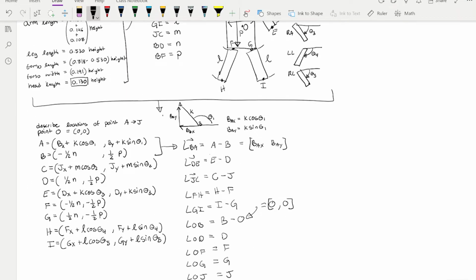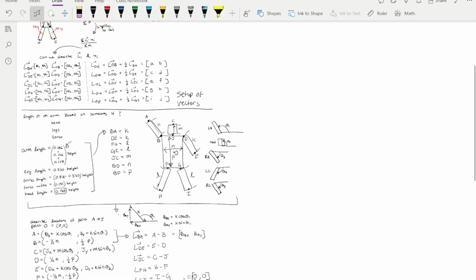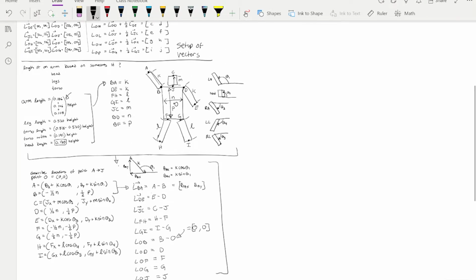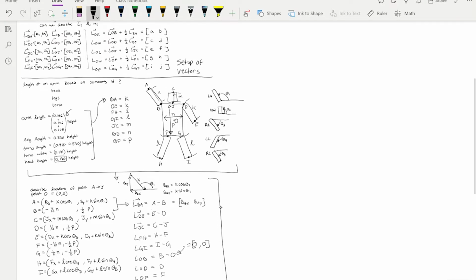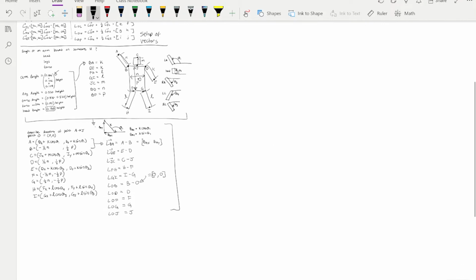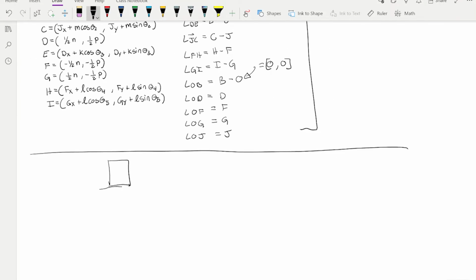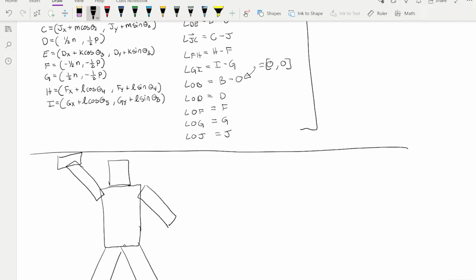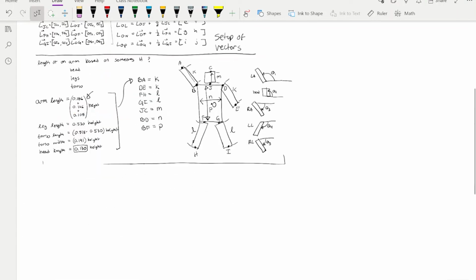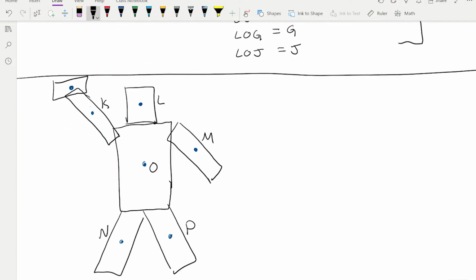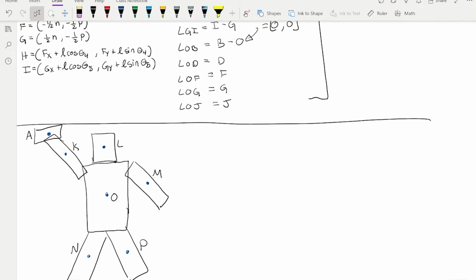All right, so now we can use this information to plug it all into our vector relationships and find these quantities A through J. I'm going to redraw our little robot guy again. And let's label all the points that we care about. Now let's look at the vectors we want.